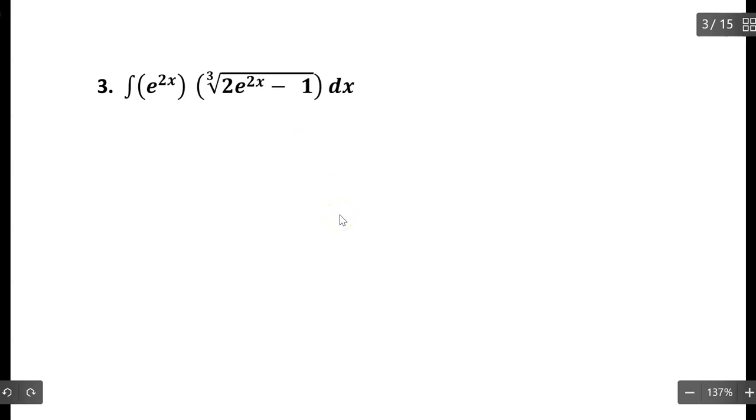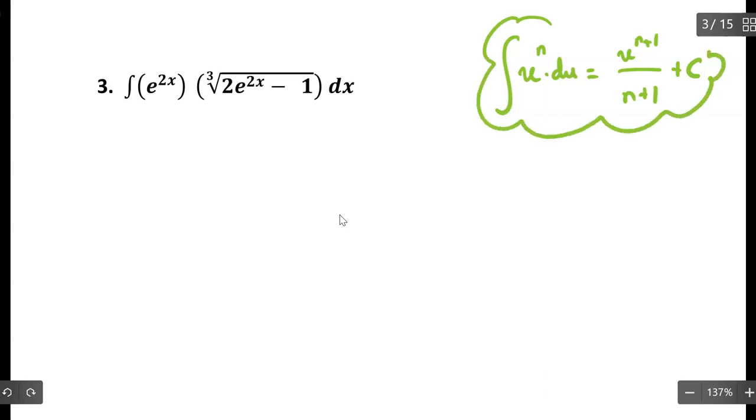So the formula you need to think of right now is the integral of u raised to exponent n du equals u^(n+1) divided by n+1, plus c. The very basic integration method: add 1 to the exponent and divide by the result.